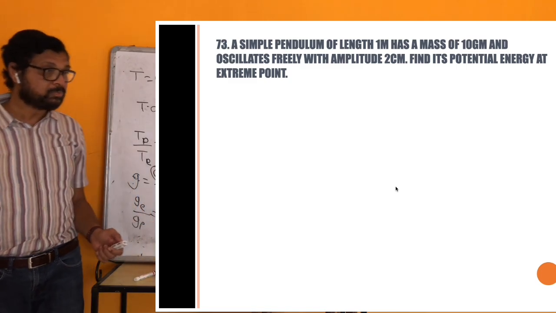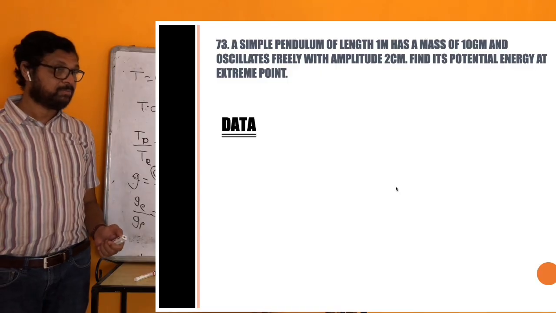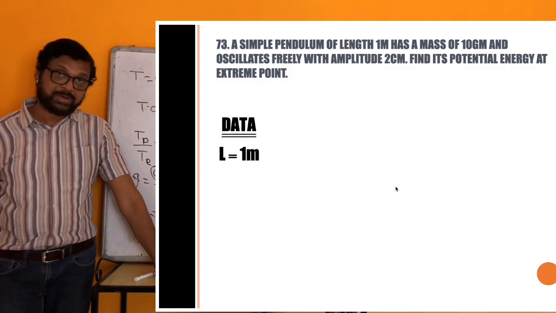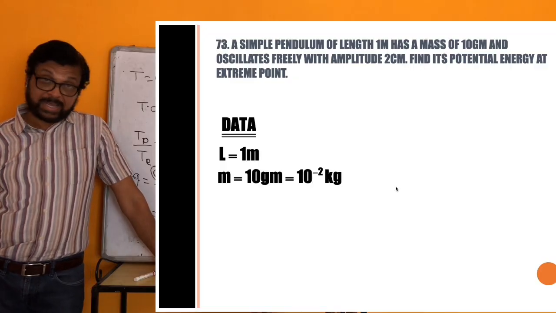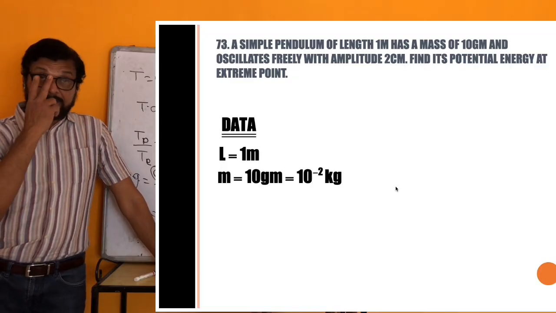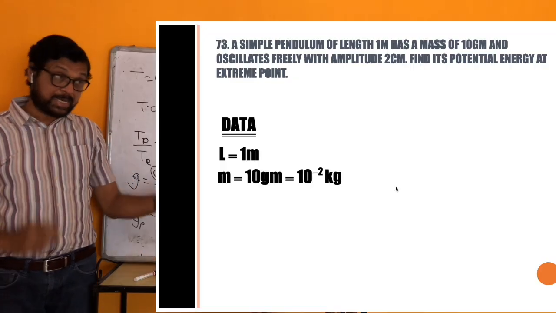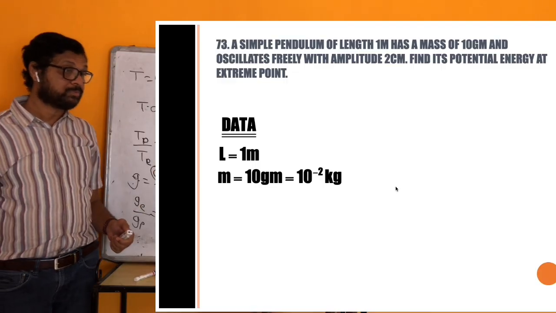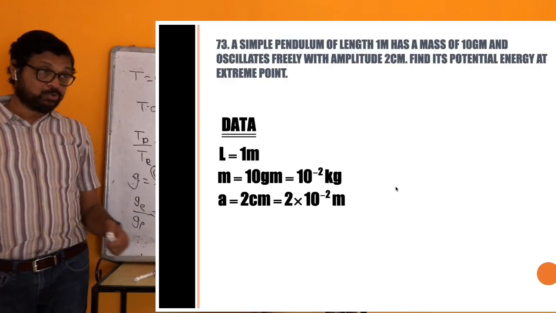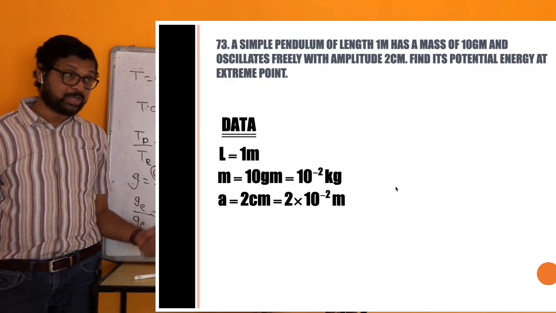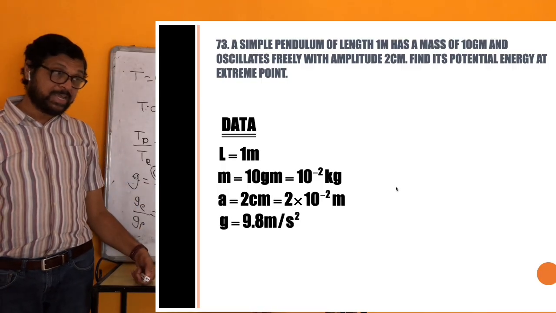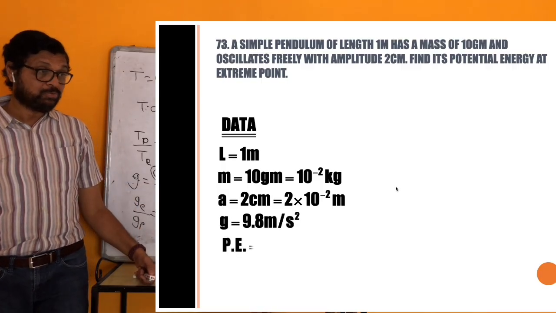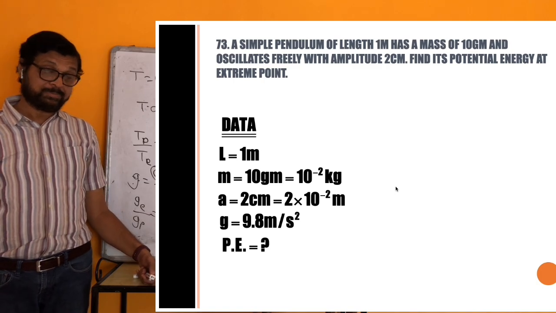So, in your data, length of the pendulum 1 meter, mass of the pendulum 10 gram, means 10 into 10 raised to minus 3 kg, that is 10 raised to minus 2 kg. Amplitude is 2 centimeter, that is 2 into 10 raised to minus 2 meter. G is 9.8.